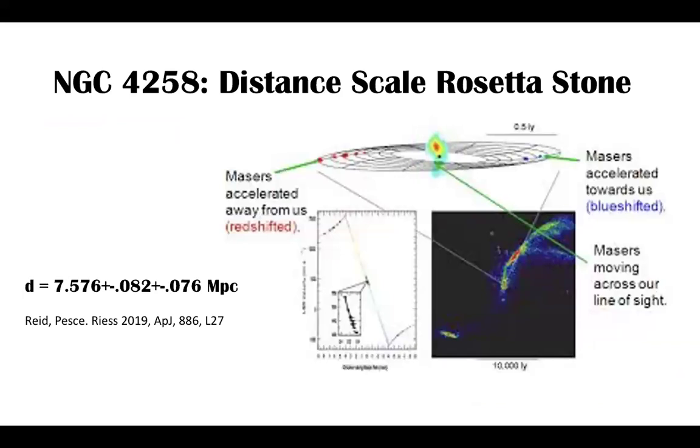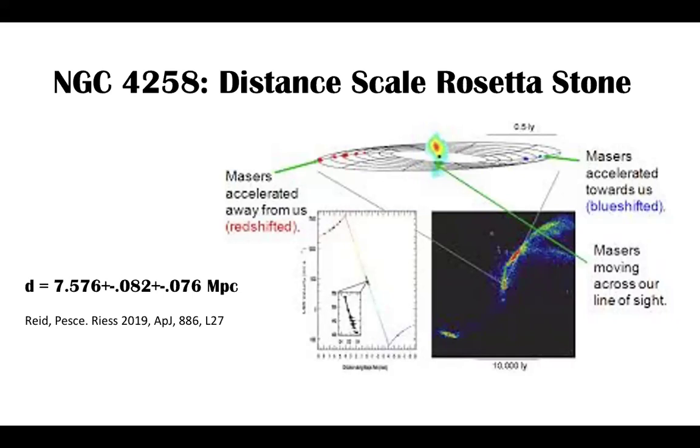Okay, going onward then. Another very important step in the ladder has been this remarkable situation in NGC 4258 at about 7, 7.5 megaparsecs, where there's a maser system in this galaxy. It's totally fortuitous because there's no second case within any reasonable distance.